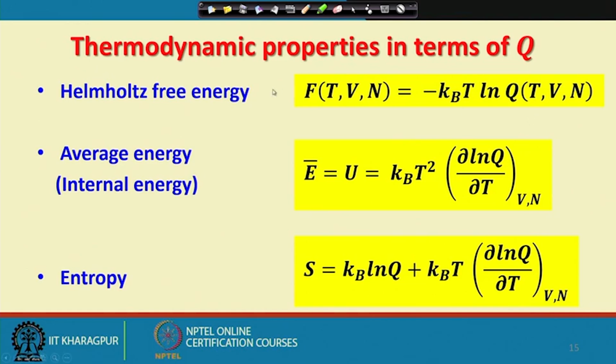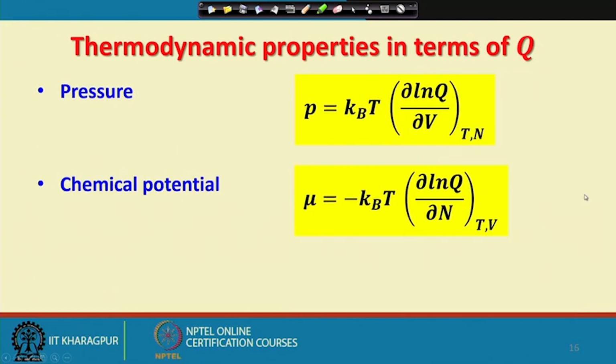That is, Helmholtz free energy is minus kBT into log of capital Q. The average energy or the internal energy is related to the del T of ln Q, and the entropy again can be written down in terms of ln Q. Finally, the pressure can also be derived by taking a derivative of ln Q, and also we can find out the chemical potential as well, since we have written down the capital Q explicitly in terms of capital N.